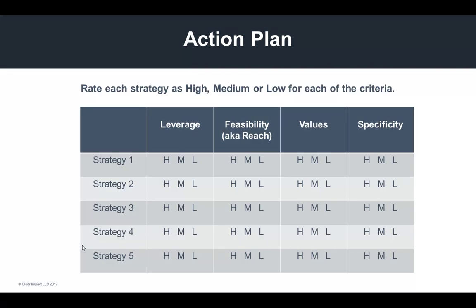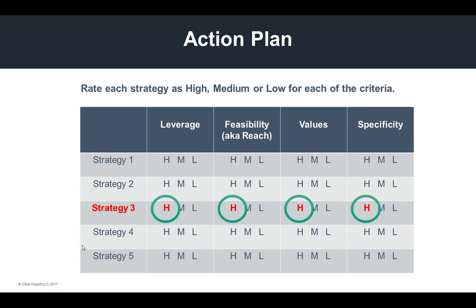To develop the details of our action plan, we can start by listing each category and then prioritizing them using the 4 criteria of leverage, feasibility, reach, values, and specificity. Any strategies with high in all categories are addressed first, or at least as soon as possible.